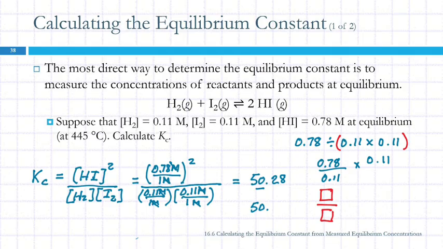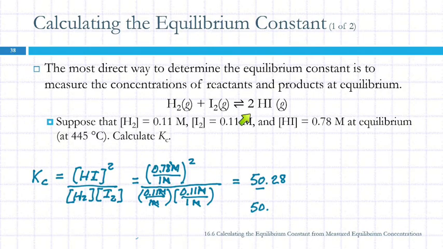So just for fun, it's no fun though, because what's delta n? 0. It's the same number. If you're using molarities, you're calculating Kc. If you're using atmospheres, you're calculating Kp. Occasionally they're the same, most often not. Any questions?